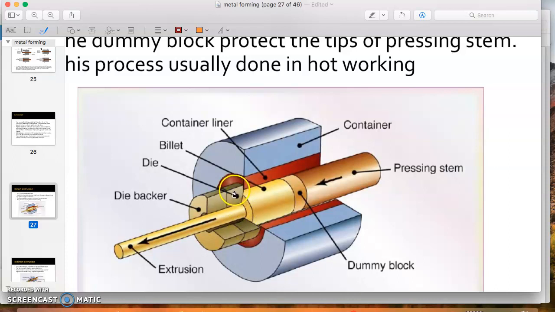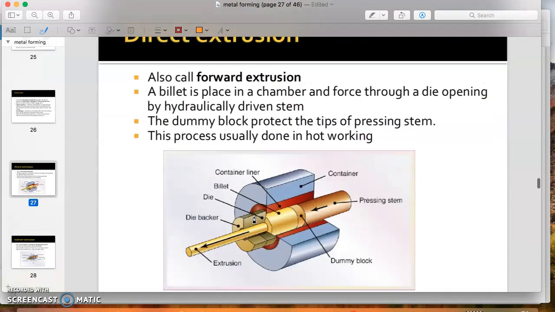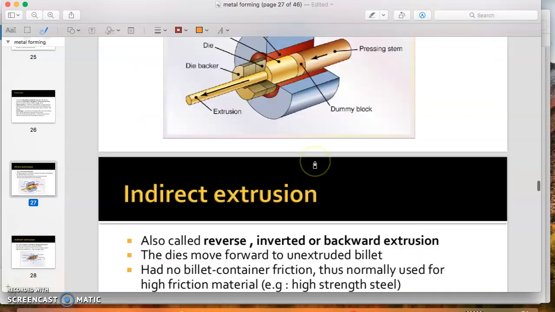Beside the die there is a die backer to support the die, and the raw material will go through the die opening and come out according to the shape of the die opening. In this case, we can see that the billet is reduced in diameter. This process can be done in hot working and also cold working.